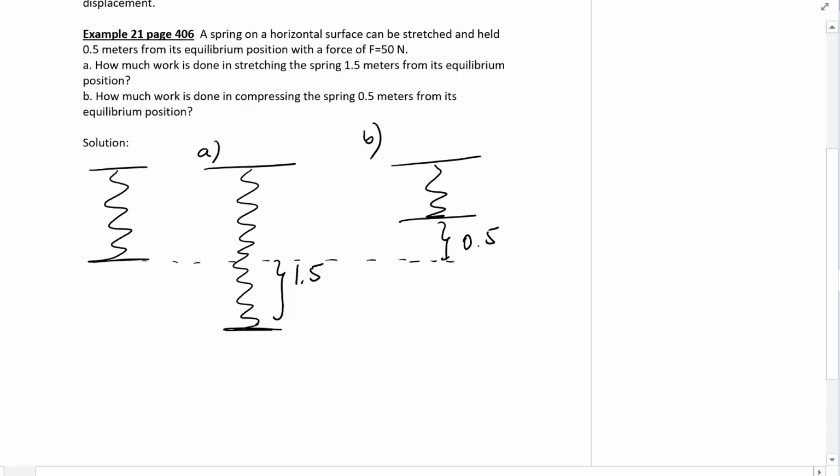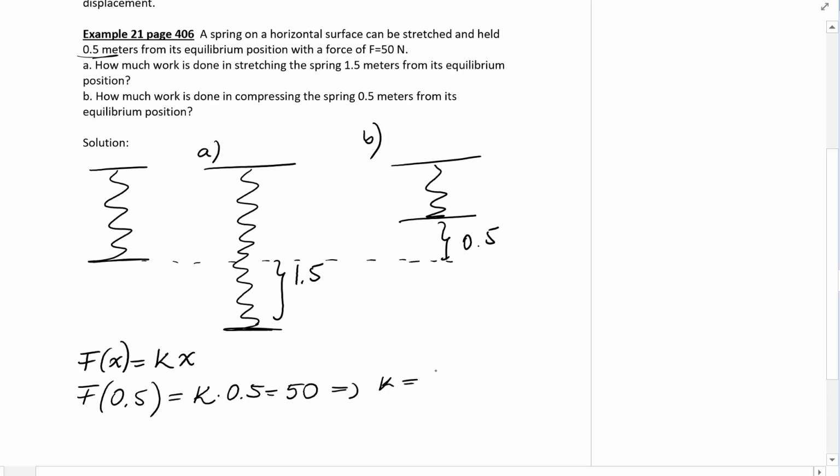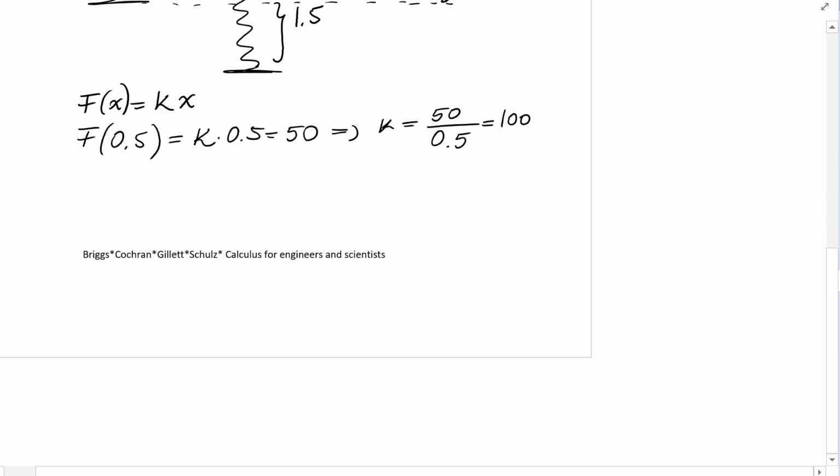The force F of x equals k times x. Now the force needed to stretch 0.5 is equal to k times 0.5, and it's equal to 50 Newtons. From this equation, we can find that k, that constant, is 50 divided by 0.5, which is equal to 100. So how does this help us?